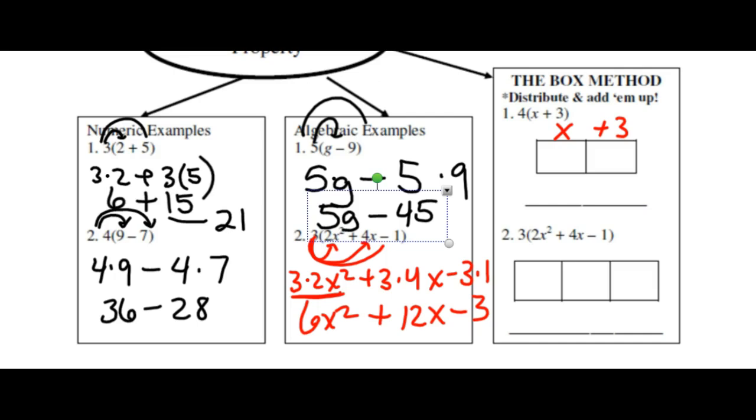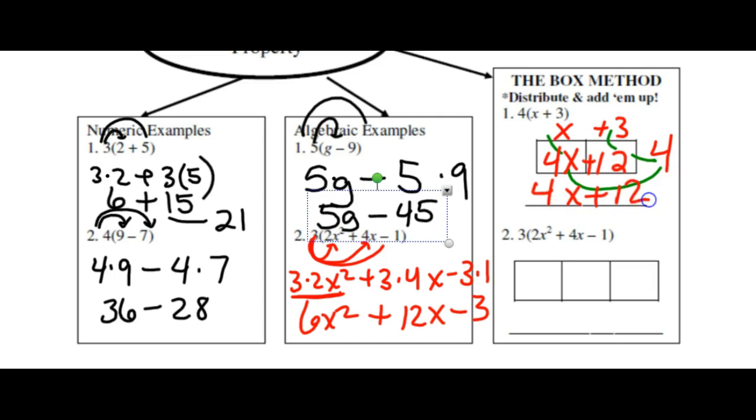Then on the side, I'm going to write 4. And then I can take x times 4, and that gives me 4x. And then 3 times 4, which gives me 12. And that's my answer. 4x plus 12.